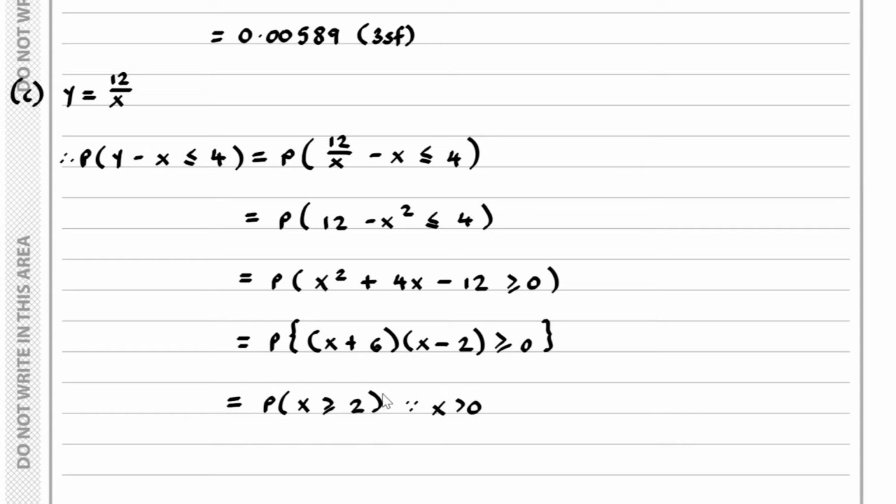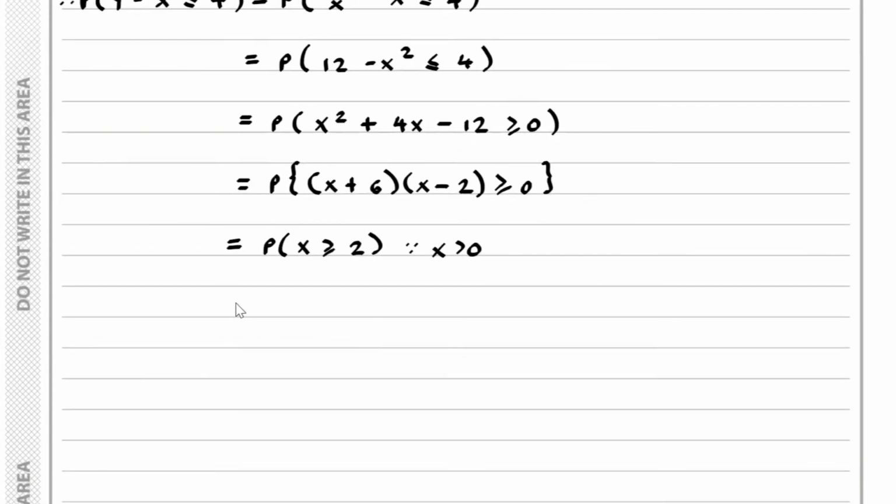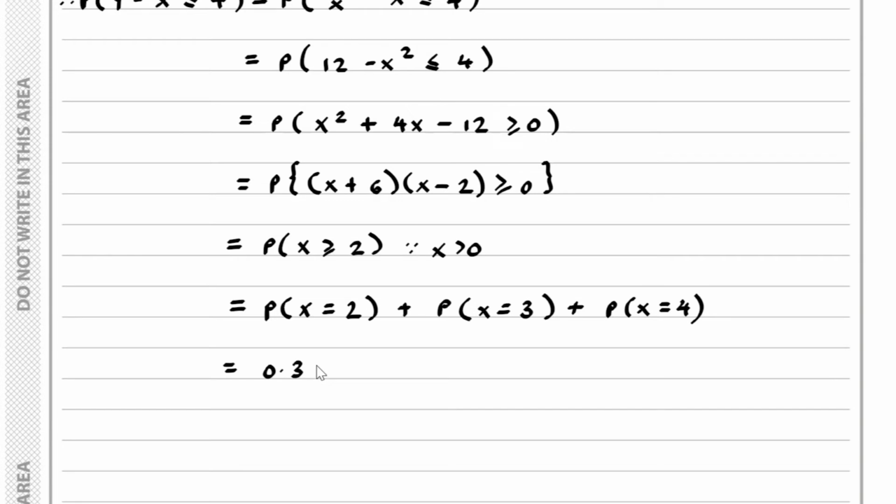Now the probability that x is greater or equal to 2, that's equal to the probability that x equals 2 plus the probability that x equals 3 plus the probability that x equals 4. And if I add these together, I've got 0.35 plus 0.15 plus 0.35, which is 0.85, which is what I want.